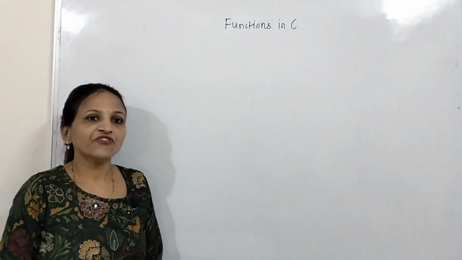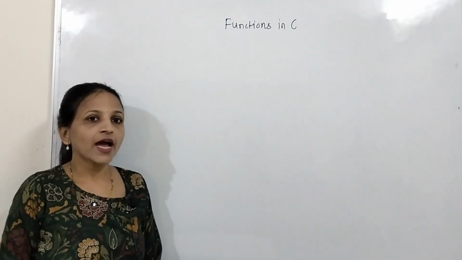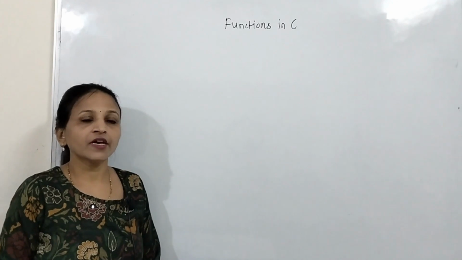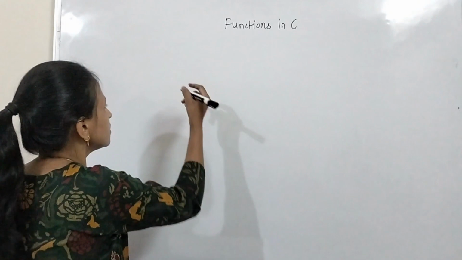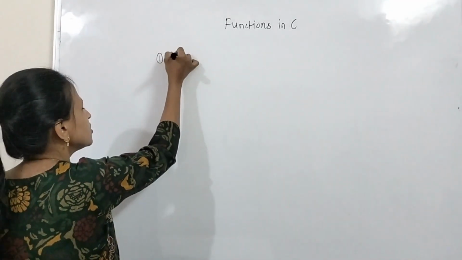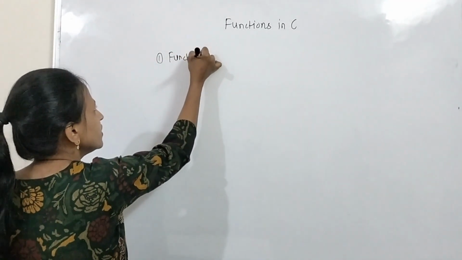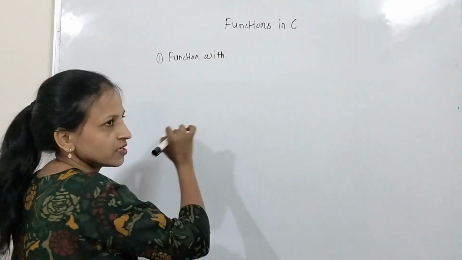on the basis of function arguments and function return type. There are again 4 types of these user defined functions. The first one is function with no argument, no return type.